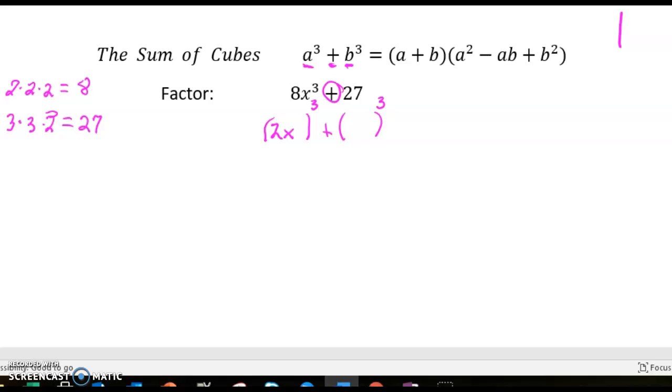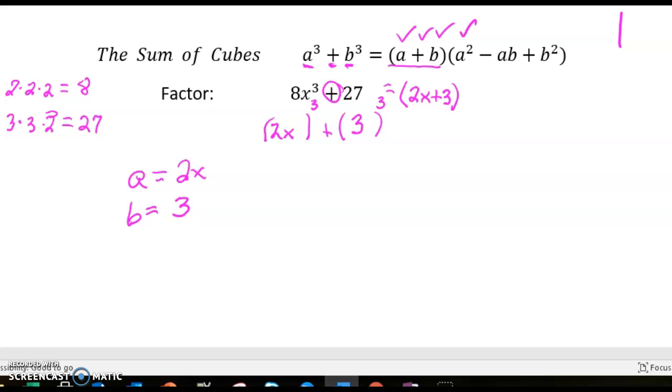What number cubed would give us 27? 3 cubed is 27. So in the pattern where they use a plus b, our a is the 2x and our b is the 3. Where they say a plus b, when we factor ours, it will be 2x plus 3.